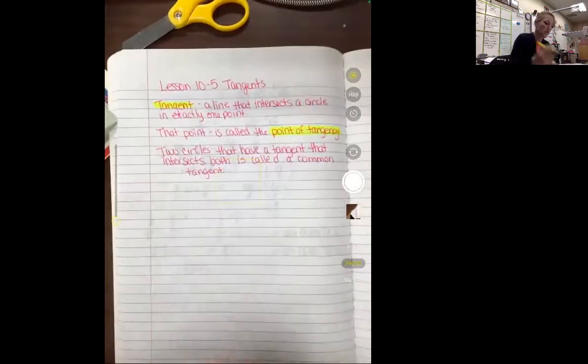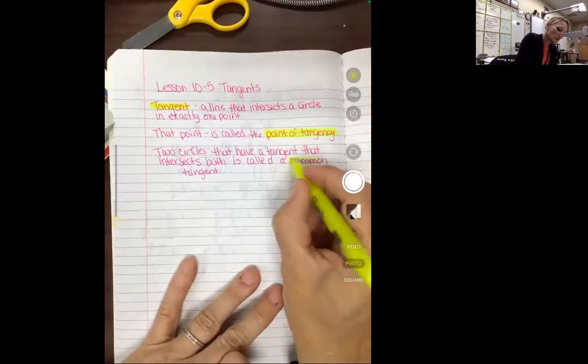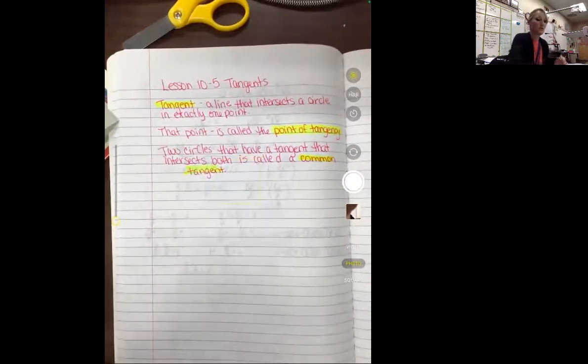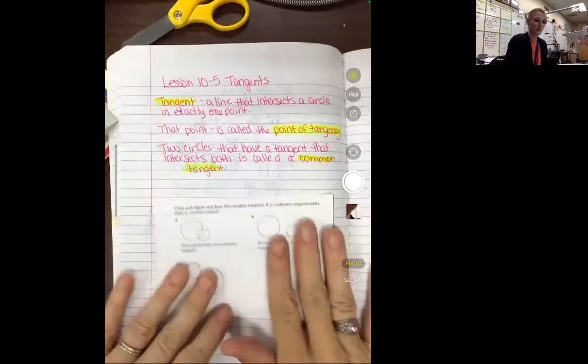So common tangent is also a vocabulary term. So let's take a look at common tangents. So we're going to put this in here.